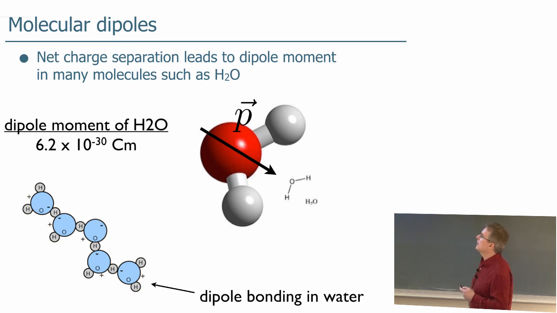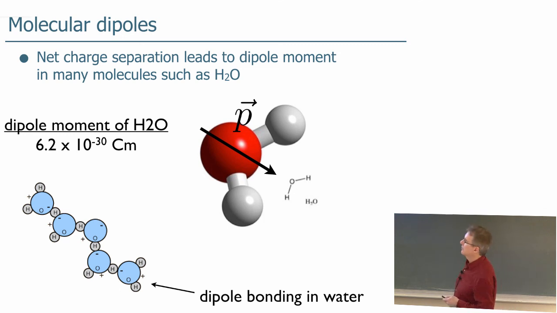That gives a net electric dipole moment in this direction for a water molecule. And the value of it in these units is 6.2 times 10 to the minus 30th coulomb meters. The dipole moment P is equal to Q times d. It's just like you had a little positive charge and a negative charge stuck together.